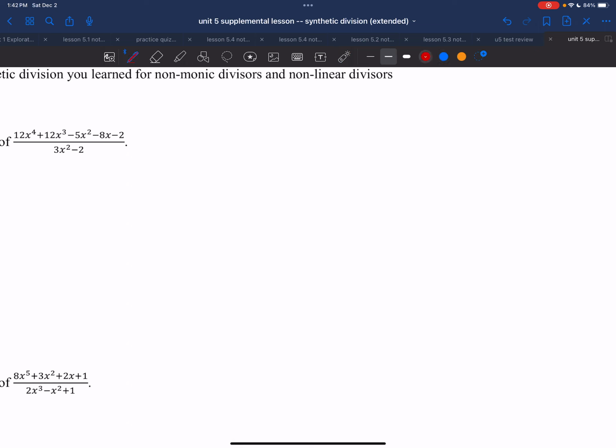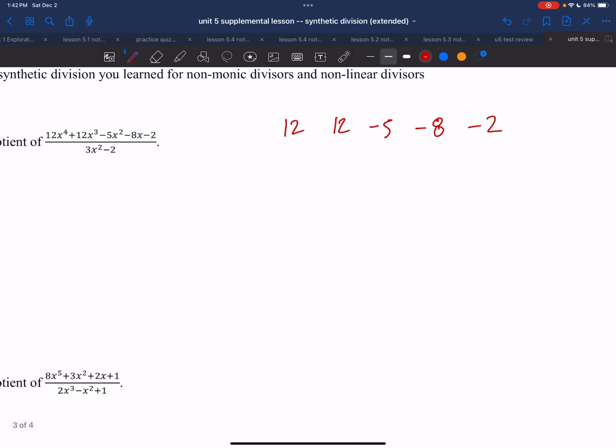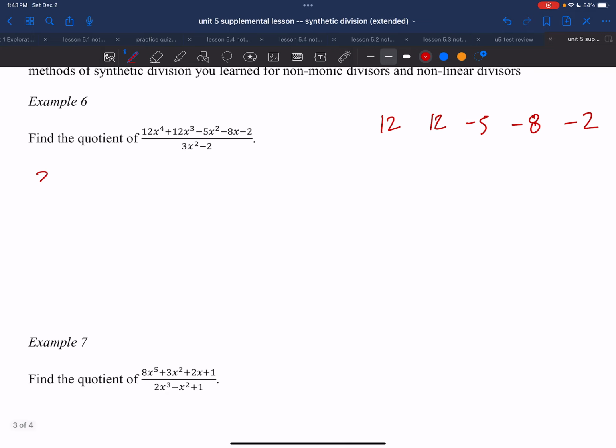First, as always, start out with the coefficients, 12, 12, negative 5, negative 8, negative 2, okay? And look what I'm dividing by. It's 3x squared plus 0x minus 2. Ignore. This is 0. Flip the sign.